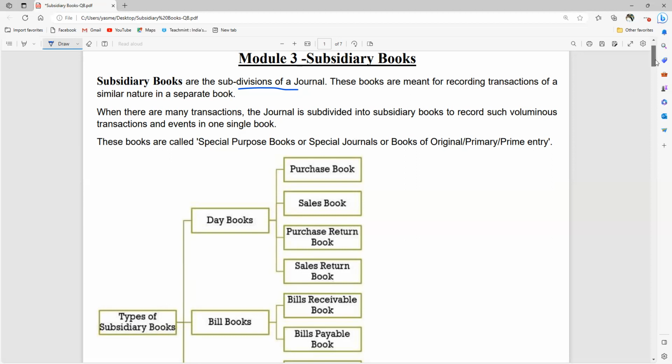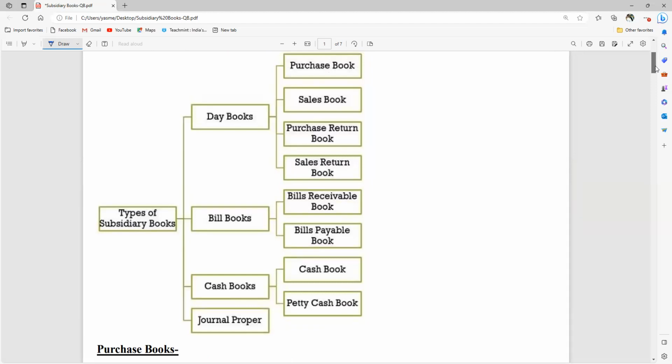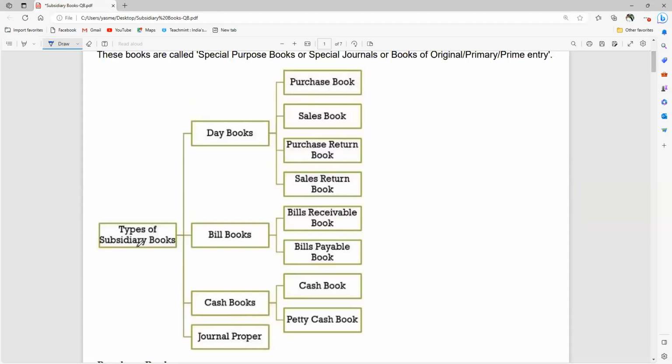Next, let's understand the types of subsidiary books. The types of subsidiary books are classified into day books, bill books, cash book, and journal proper. Day books are the purchase book, sales book, purchase return book, and sales return book.